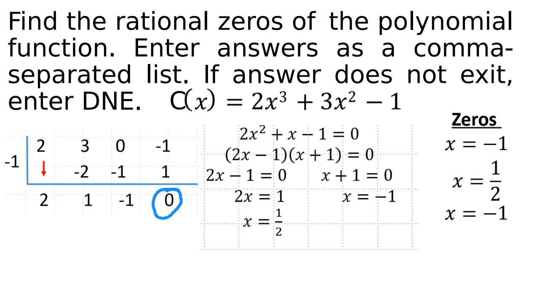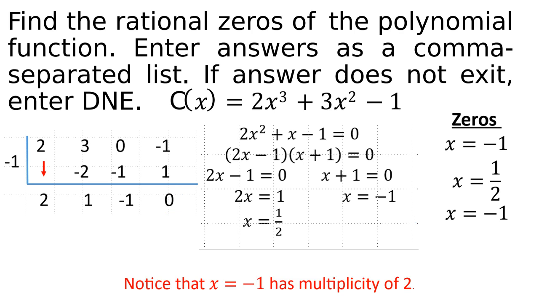The x equals -1 repeats, so it has a multiplicity of 2, which is even, which means that it's not going to cross. It is only going to touch at -1, and it's going to cross at 1/2. And this next slide mentions what I just said.